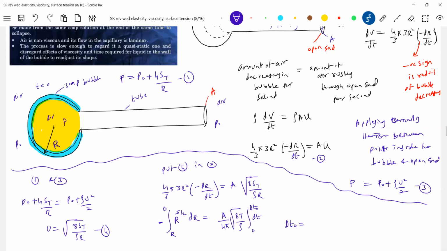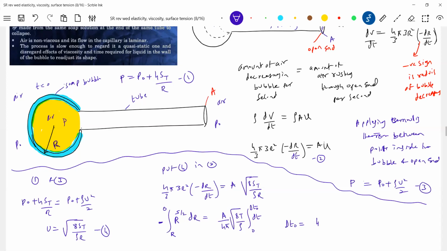Okay, the dt is what we have taken up here. R to the power of 5 by 2, no? So this will be, I think, 4 pi. We wanted T, no? Okay, let it be.